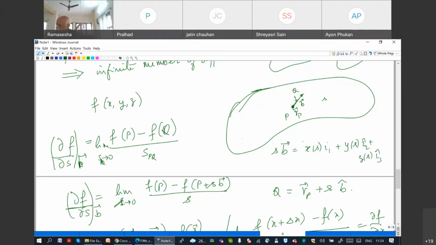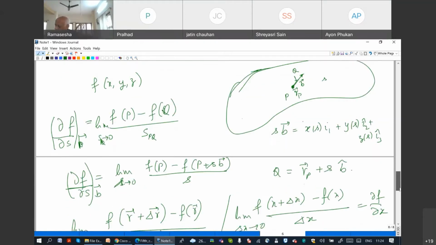That's how it's going to be moving, because that is the equation for that line which is moving in the direction from P to Q. Any questions?